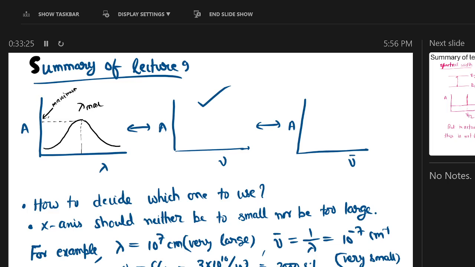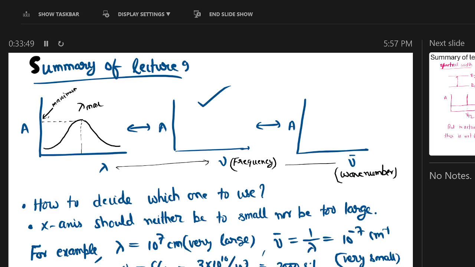You can plot absorption against frequency. So this is frequency, and this is your wave number. Okay. And we saw in the previous slide how we can interconvert these two things.